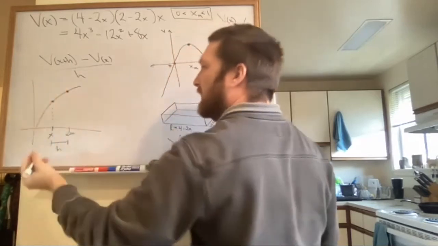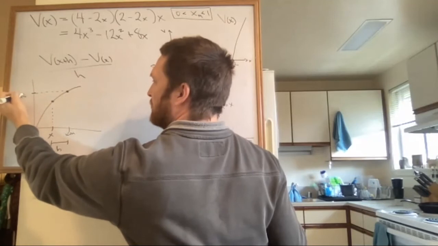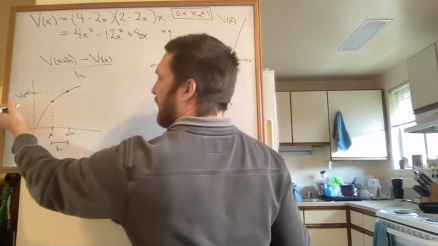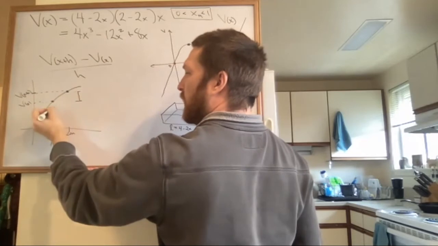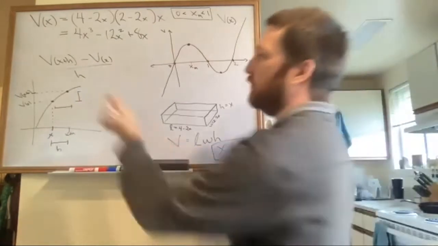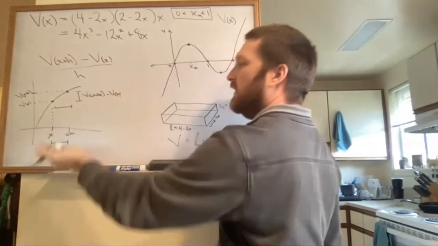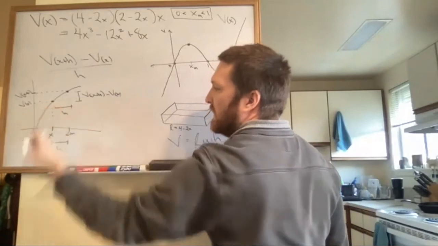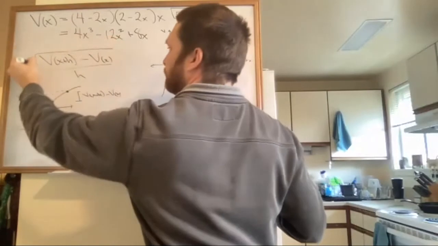You plug in x plus h and get v of x plus h, and plug in x and get v of x. The rise is v of x plus h minus v of x. The run is x plus h minus x, a total of h. So your rise over run is this expression right here.